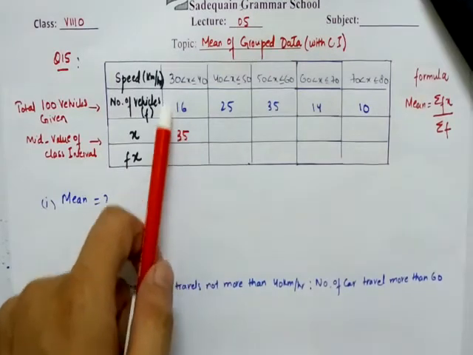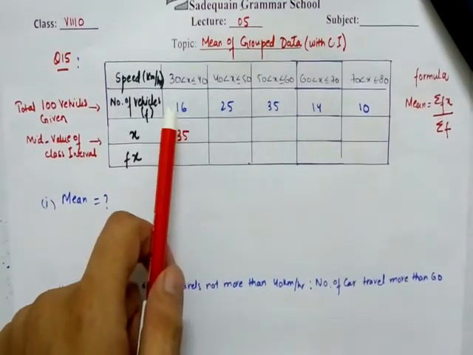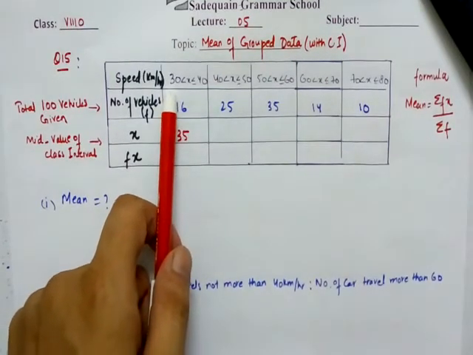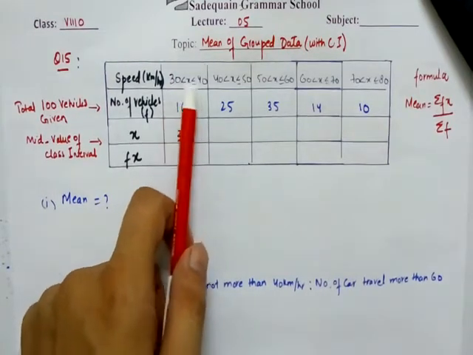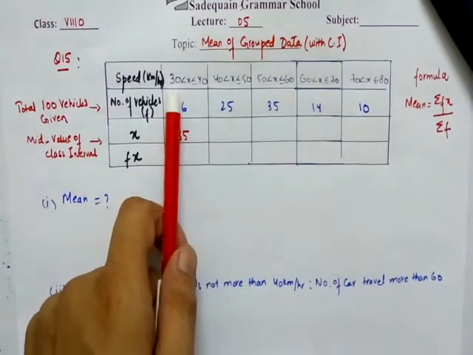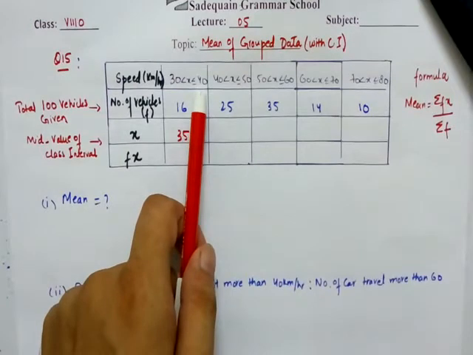Actually there are 16 such vehicles which were traveling with a speed between 30 and 40, greater than 30 but less than or equal to 40.